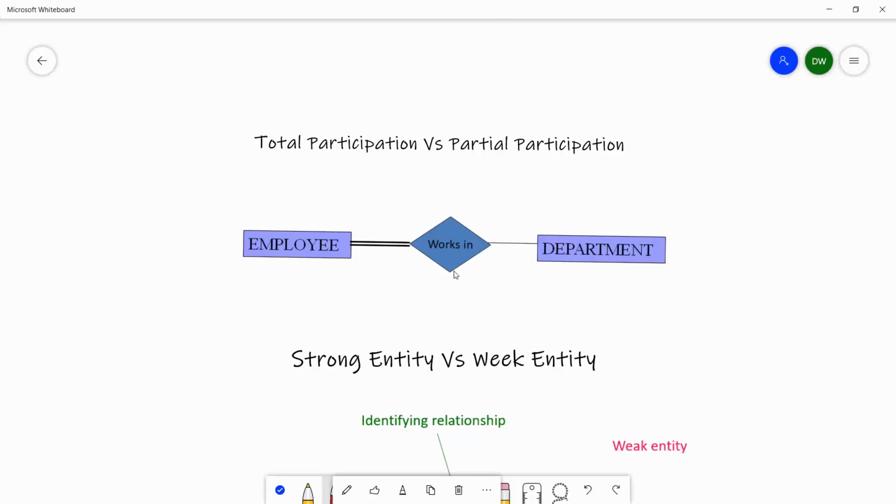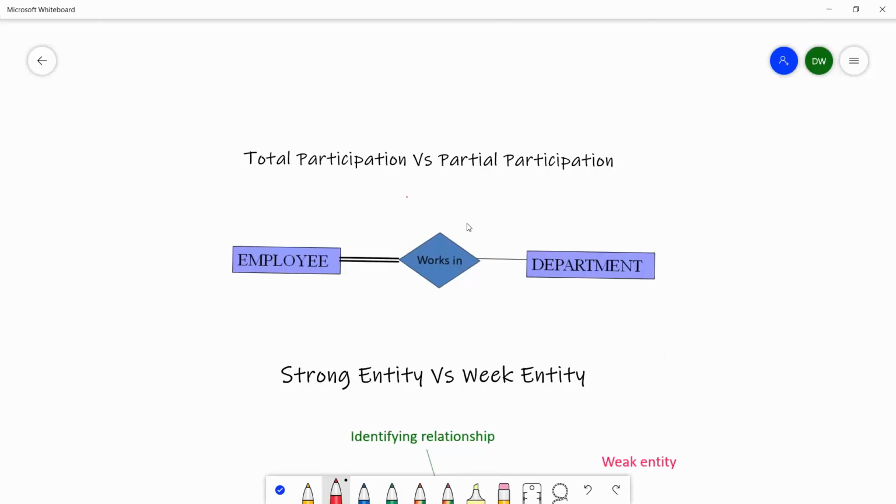So the total participation is represented with these double lines. Here you can clearly see that there are two lines in between employee and works in, and here you have only a single line. Here you have double lines. So this double line represents total participation, right?